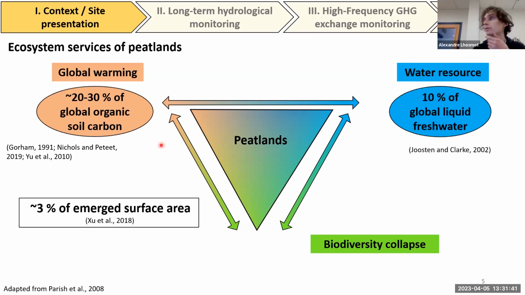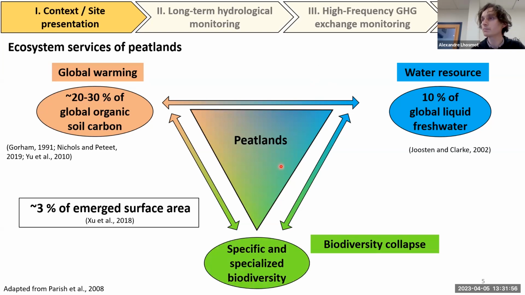Also, peatlands store a huge quantity of liquid fresh water, and this water goes to downstream ecosystems slowly. And for biodiversity, peatlands participate in global biodiversity, as we can find specific and specialized biodiversity.